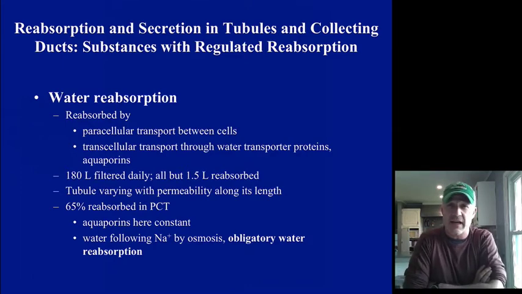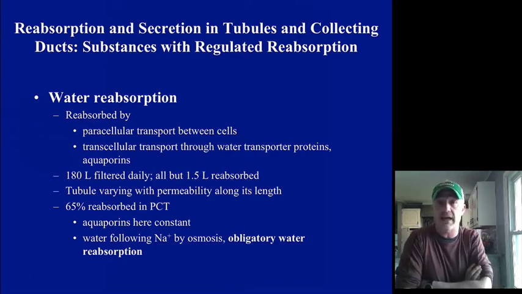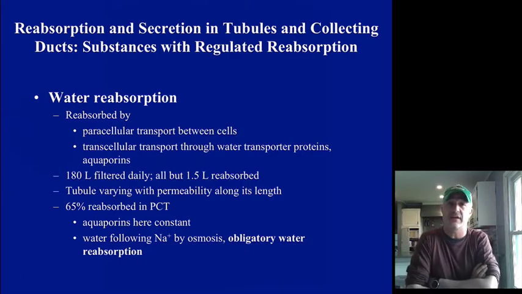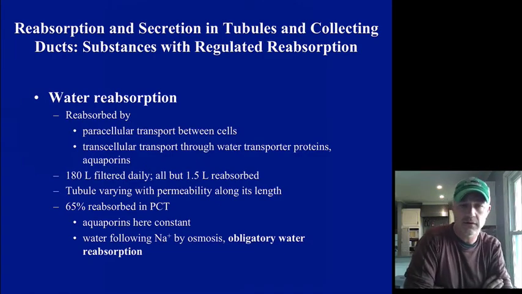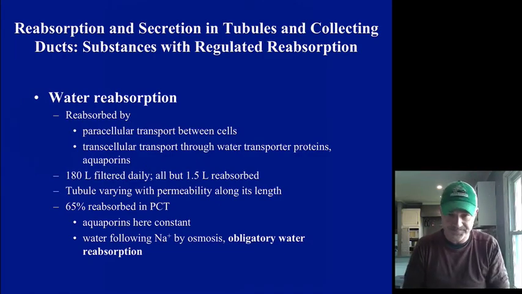We urinate on average about 1.5 liters a day, which is less than half a gallon. So we make 45 gallons of filtrate and excrete less than half a gallon of that. So we are reabsorbing the vast majority of water out of our filtrate.